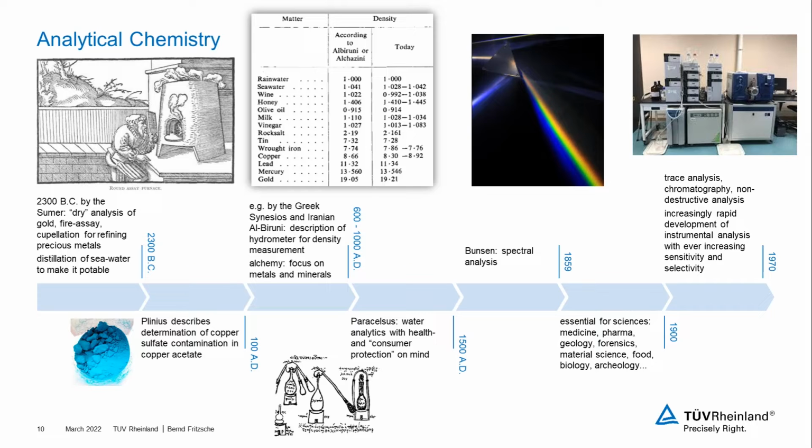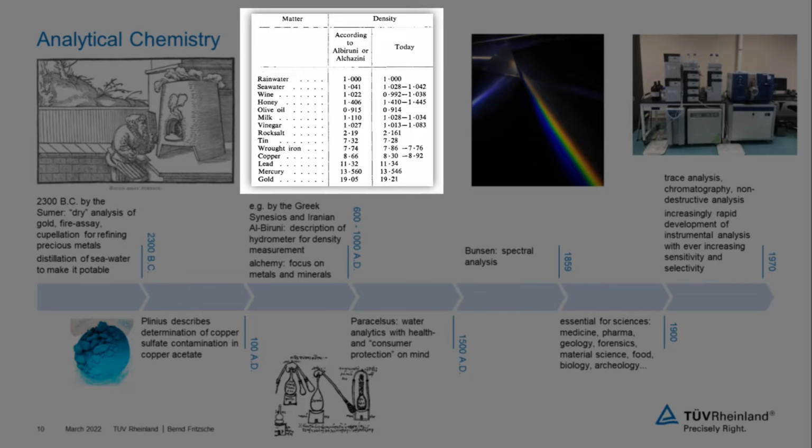Pigments were another precious commodity. And 2000 years later or so, we know about copper sulfate analysis in copper acetate, which is already a more targeted approach. We then enter the age of the alchemists, and we found some very precise numbers for the determination of density of different media. You see it here in the table above.